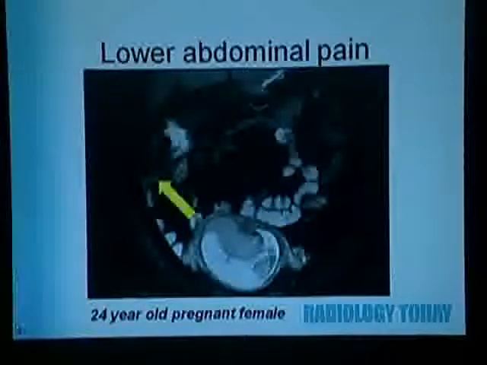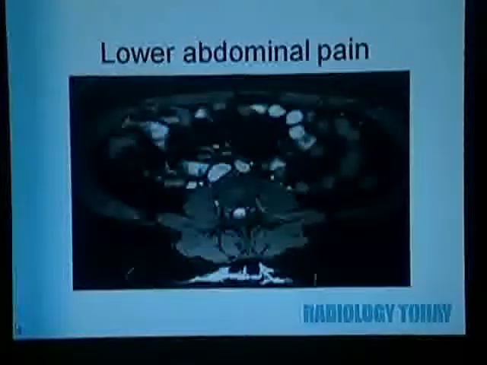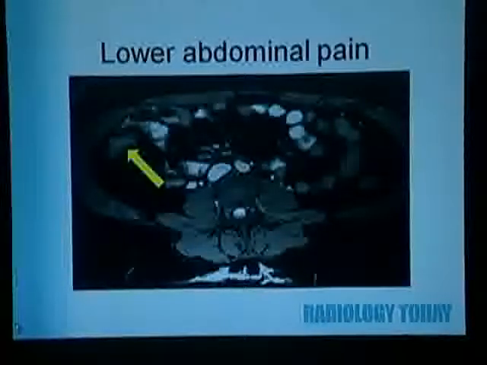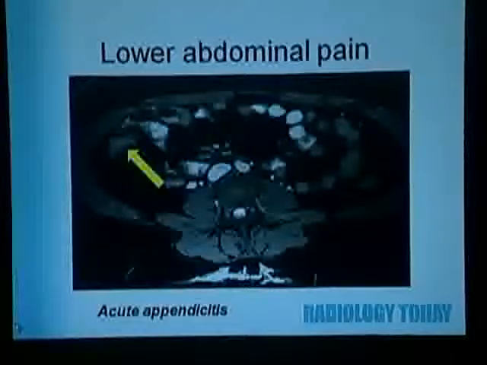Okay? We'll also see this tubular structure in the right lower quadrant. Now on other images in the axial plane, this was confirmed to be inflamed, enlarged for the size of an appendix. It was greater than 6 millimeters. It also had some adjacent subtle inflammatory changes. And this indeed was acute appendicitis in a pregnant lady.